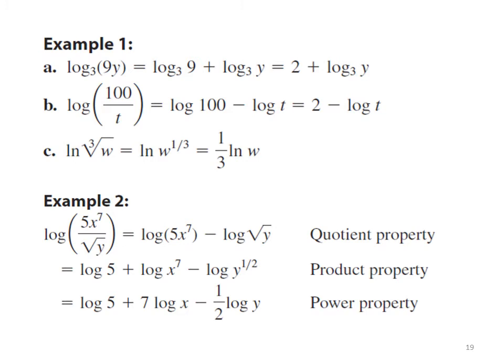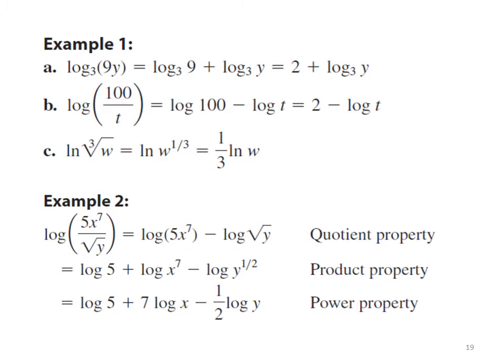For example, if you apply the log function to this expression, 5x to the power 7 divided by the square root of y, start by applying the quotient rule. This is log 5x to the power 7 minus log the square root of y. Then apply the product property. This is log 5 plus log x to the 7 minus log y to the power 1/2.